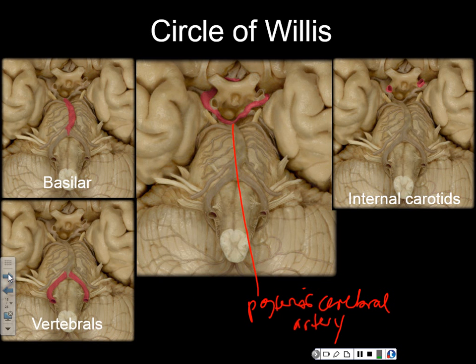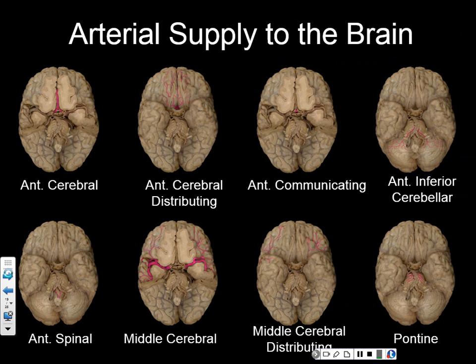And then the one on the top there will be the anterior cerebral artery. And those are the ones that form the circle of Willis, anterior and posterior cerebral arteries joining the internal carotid arteries.